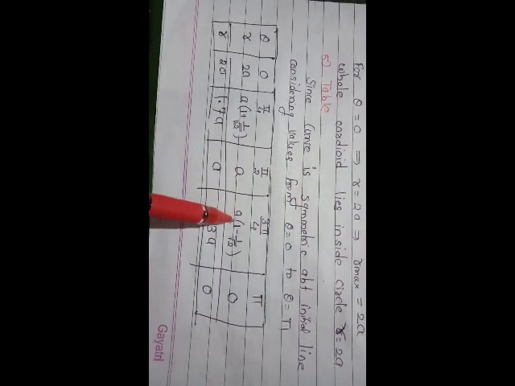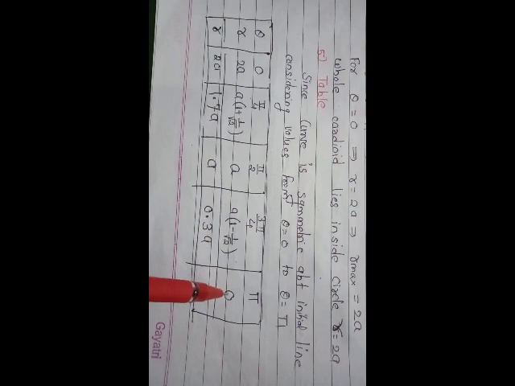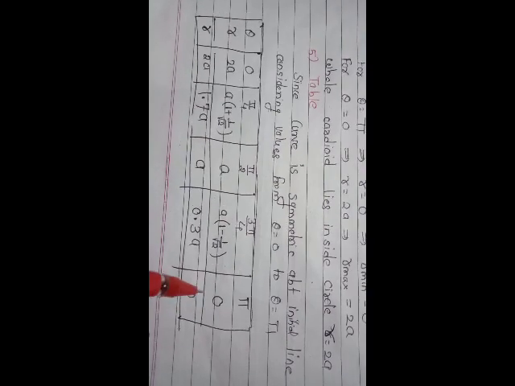The corresponding values of r obtained from the equation of the cardioid are 2a, a(1 plus 1 upon root 2), a, a(1 minus 1 upon root 2), and for theta equal to pi, r equal to 0. So 2a as it is, 1 plus 1 upon root 2 is 1.7, then a as it is, 1 minus 1 upon root 2 is 0.3, and then 0.